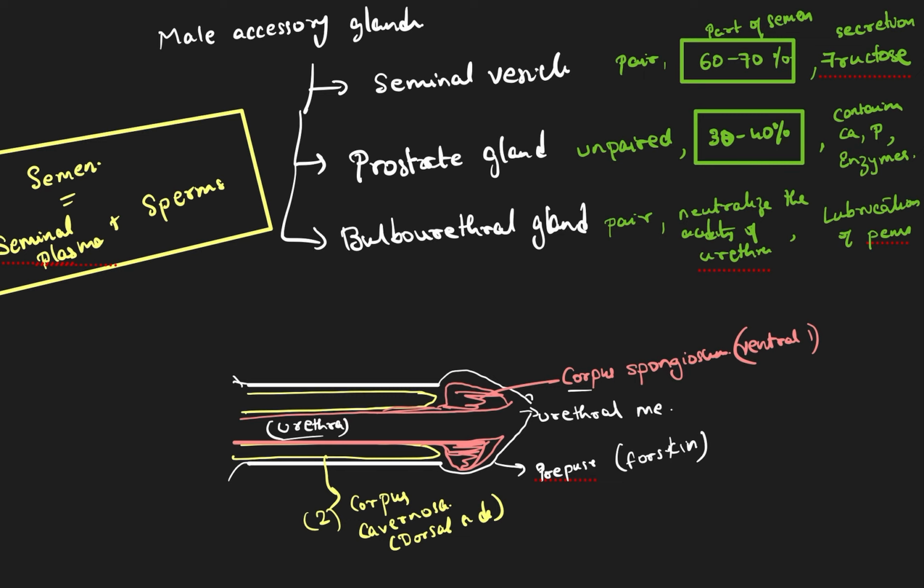These are the parts of the urinogenital apparatus, because urine and genital products share a common aperture in males. Aperture means hole.